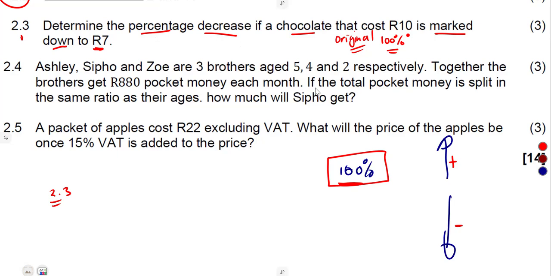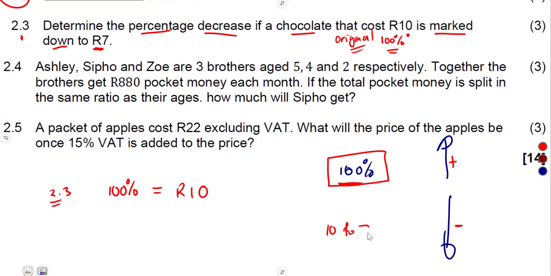If a chocolate costs 10 rand, it was at 100% original before any increase or decrease. It is marked down to 7 rand. So there is a decrease from 10 to 7.